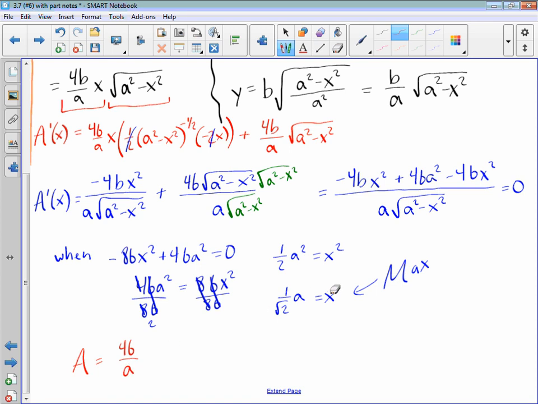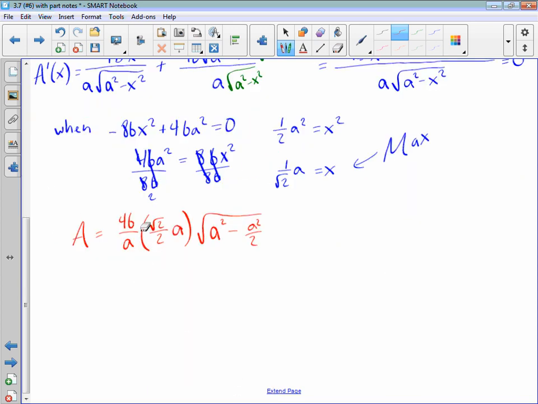And instead of x, I'm putting square root of 2 over 2a in its spot. And I'm just rationalizing it because that's what I'm used to doing. So that's my 4b over ax. And then I still have the square root of a squared minus x squared. And my x squared, can't I just go back a step and see it's a half a squared? Or a squared over 2. Is that okay with everybody?